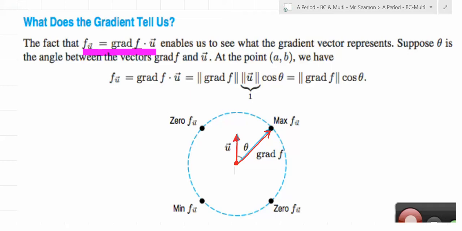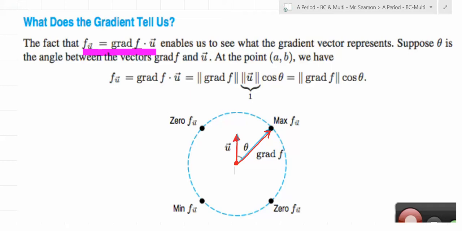So let's go to the other side of this. If we wanted to maximize the value of the directional derivative, what do we want cosine theta to be? We want this to be what? What's the largest value cosine can be? 1. The magnitude of the gradient never changes, right? That's static. The only value that changes the overall value of the directional derivative is cosine theta.